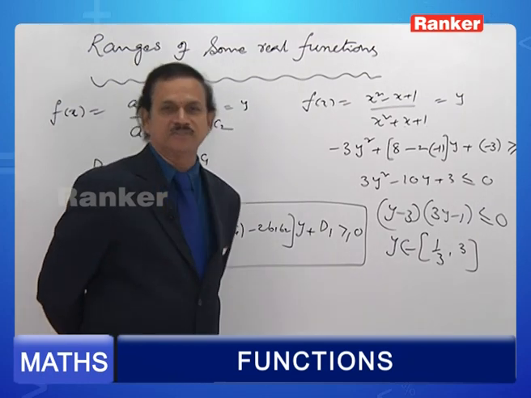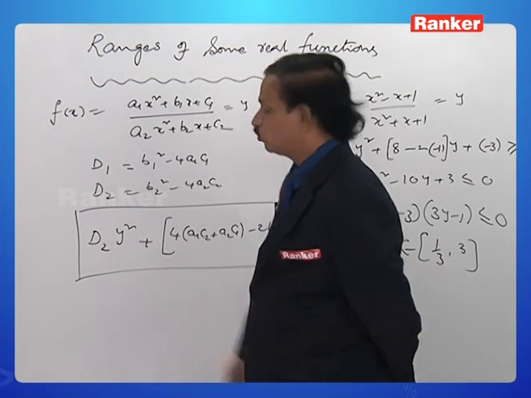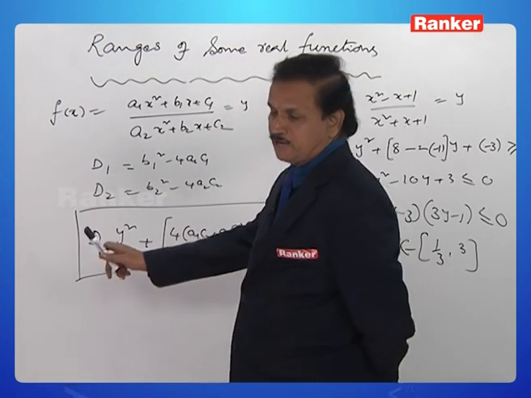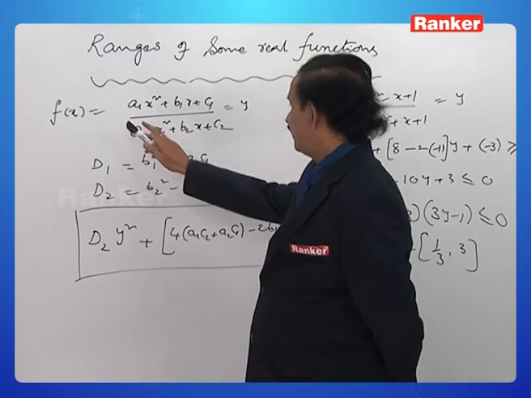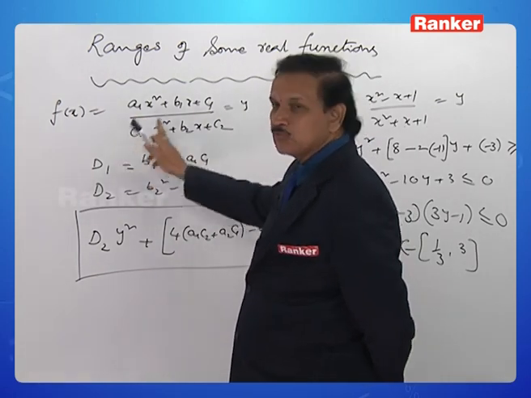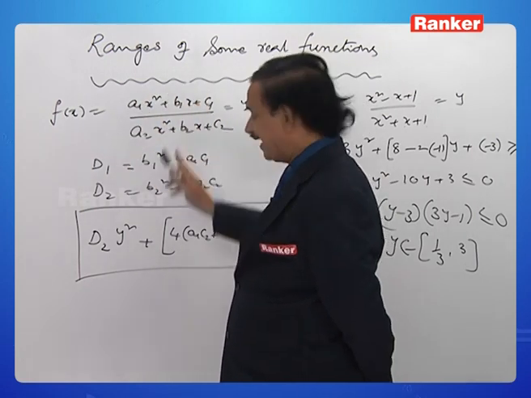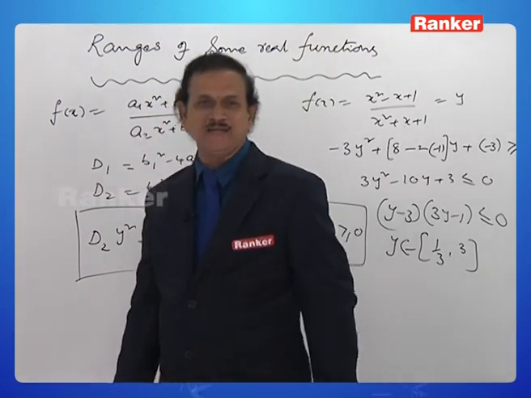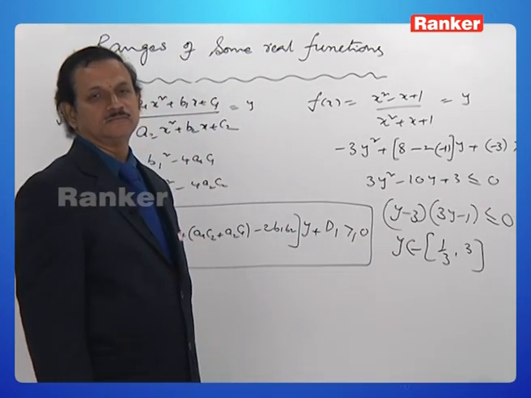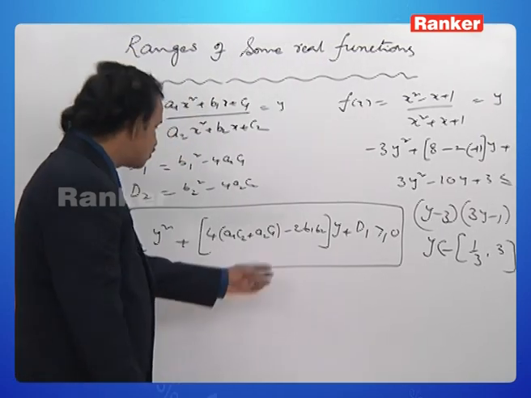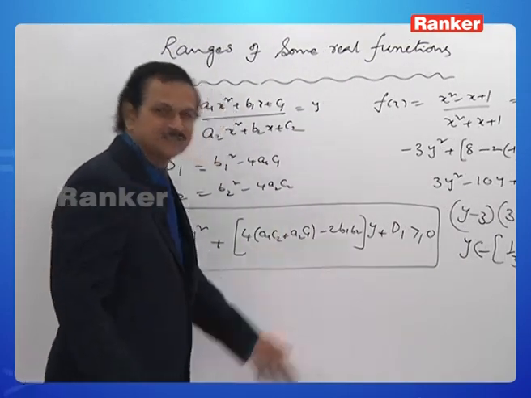So the concept that you must keep in mind is this one: discriminant of the denominator into y square plus 4 into the sum of the cross products a1c2 plus a2c1, minus 2b1b2 into y, plus D1 greater than or equal to 0. Okay, how to believe this? Why is it necessary to believe this?